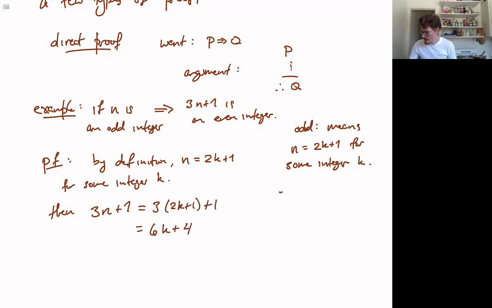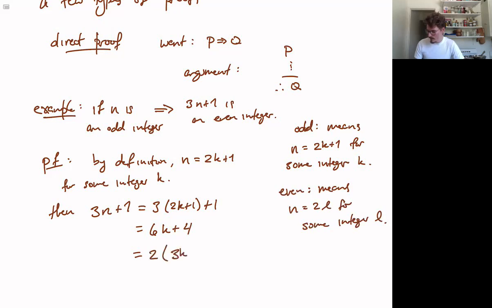And I should say also, even means n is equal to 2l for some integer l. And this we can now rewrite as 2 times (3k plus 2).